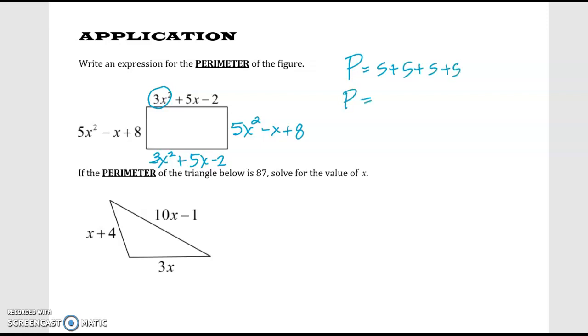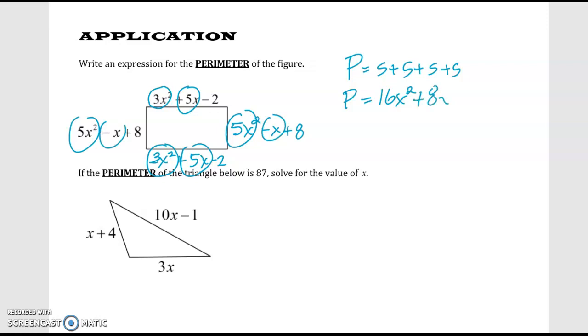Okay, so we have 3x squared plus 3x squared is 6x squared, and then 5 and 5 gives us 10. So 10 plus 6 is 16x squared. Then let's go to our x terms. So we have 5x and 5x, which gives us 10x. And then we're subtracting 2x from that.